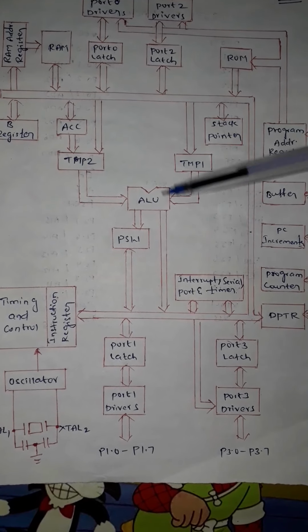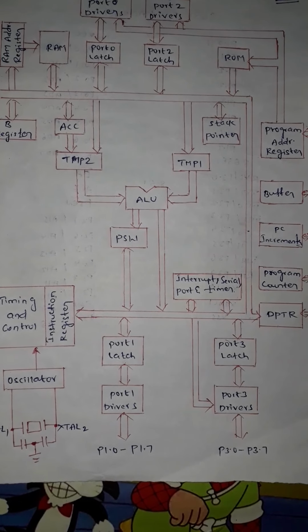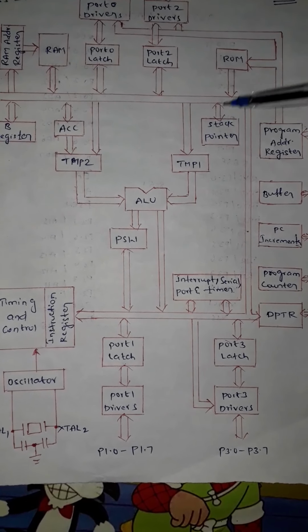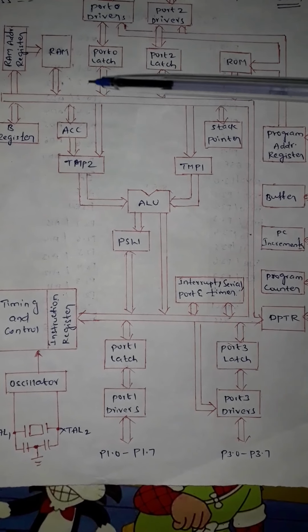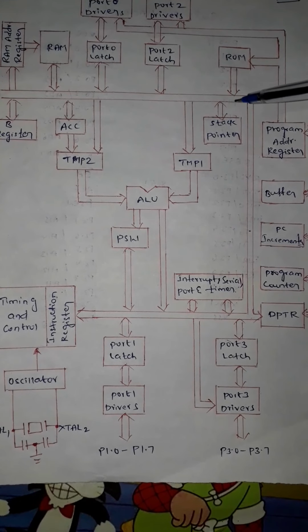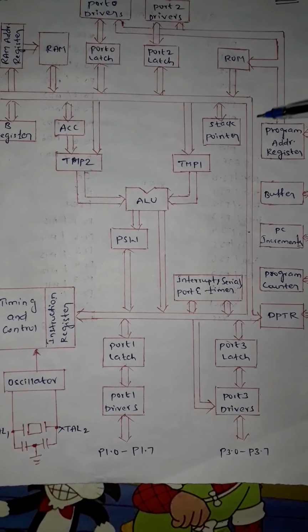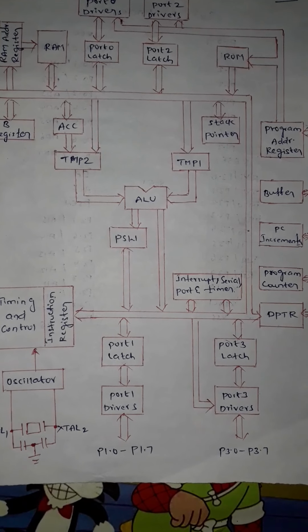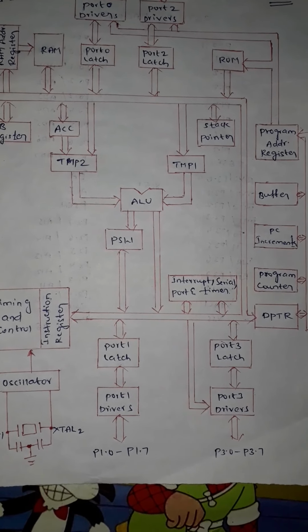And then it has a stack pointer. The size of the stack pointer is 8-bit. It is used to point to the address of the stack memory. The stack memory is available in the RAM itself, so some portion of the RAM is used for the stack. The stack is generally used to store data that occurs in interrupts.